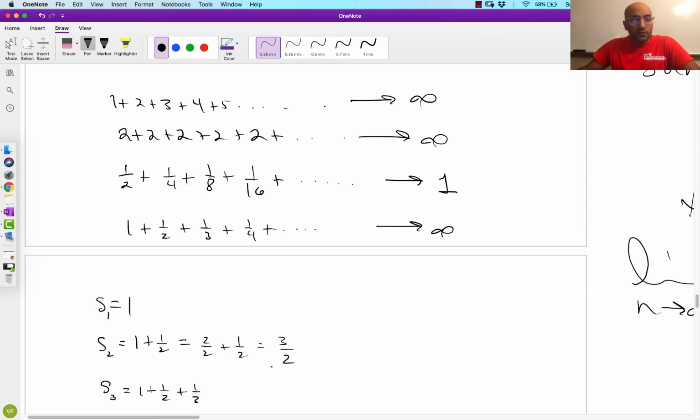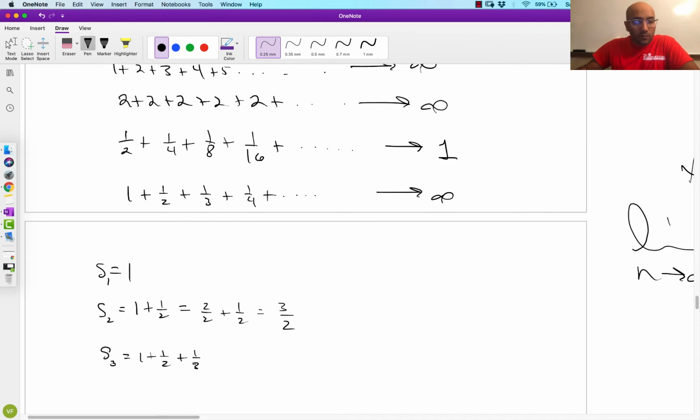Then S sub 4 is going to be 1 plus 1/2 plus 1/3 plus 1/4.